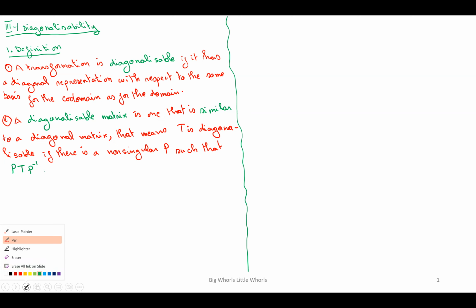So I'm going to write D. The diagonal matrix D is P T P inverse. So if we can find P such that P multiplied by T multiplied by P inverse gives us a diagonal matrix, a diagonal matrix is a matrix that has entries that are zero everywhere except on the diagonal.